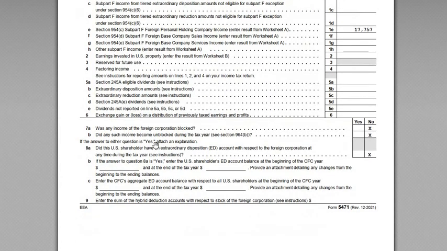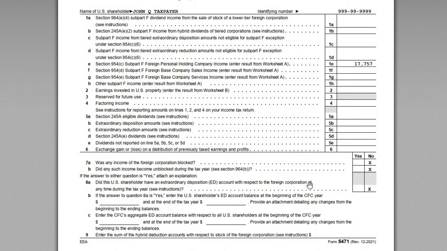Okay. Now, question 8: if you answer yes to any of these questions, attach an explanation. In this case, no, we're not answering yes to any of these. We didn't have any extraordinary dispositions, and these are all questions that follow question 8A. So no ED type accounts, and in our case, again, no for everything there.